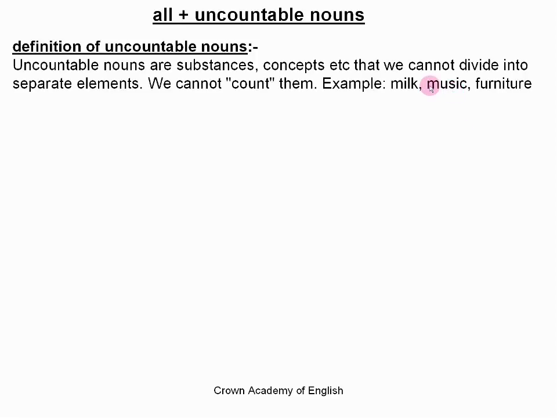And so when we want to use these words, we must only use the word all. We cannot say every furniture, every music, every milk. So we must use all. We must not use every.